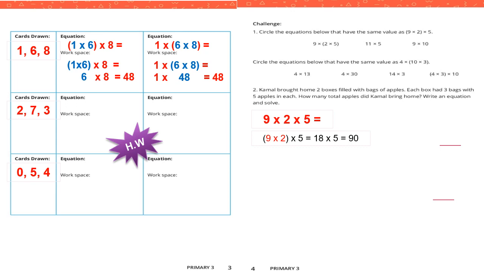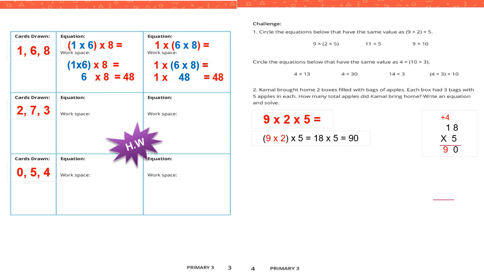18 times 5, 90. How did you get it? I will write here 18 times 5. Then we will multiply 5 times 8, 40. Can we write all 40? No, we will write 0 and carry 4. Then we will multiply 5 times 1, 5. 5 plus 4, 9.